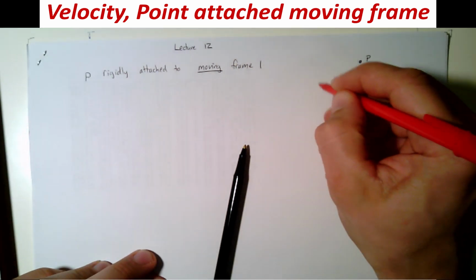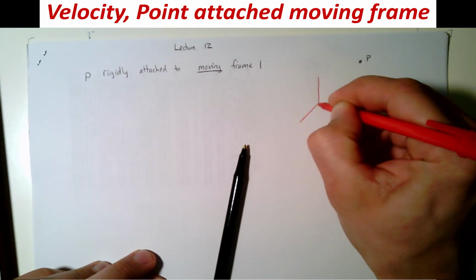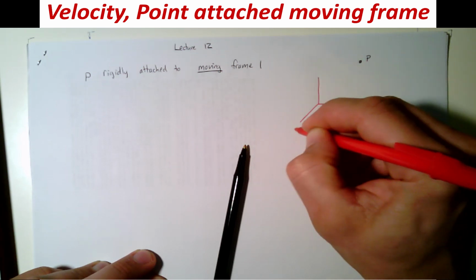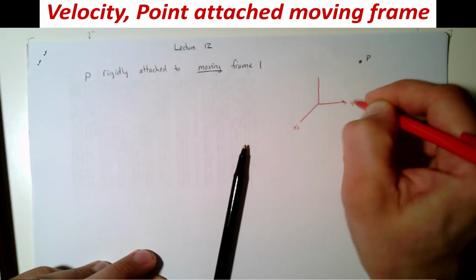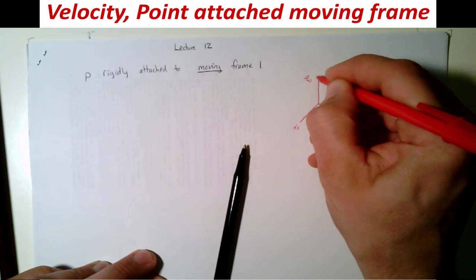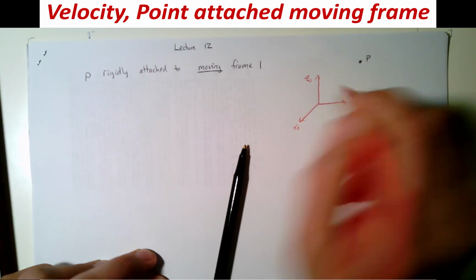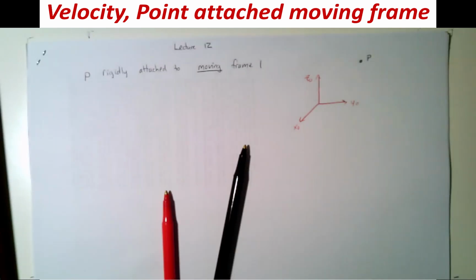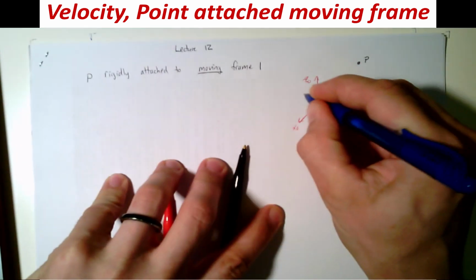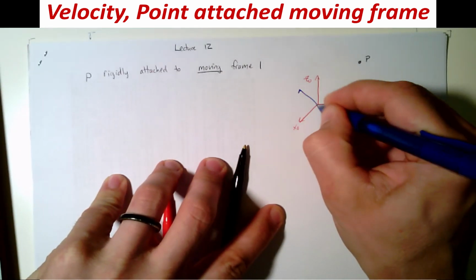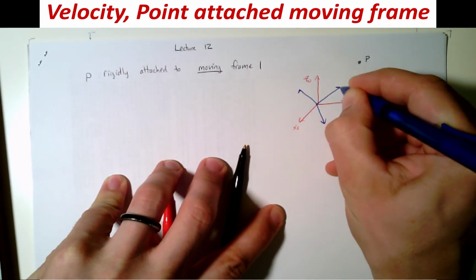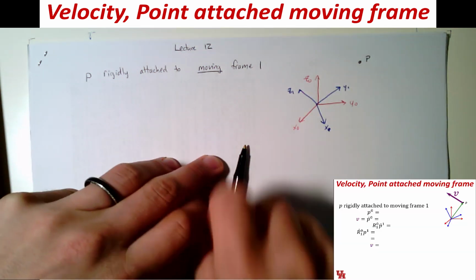And so we need our base frame. This is my base frame, which is going to be x0, y0, z0, making sure it's a nice right-handed frame. And then we've got a moving frame, which is completely defined by just a revolution. And then there's a vector.